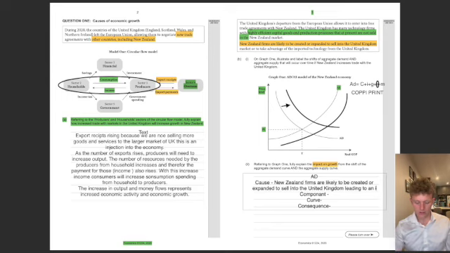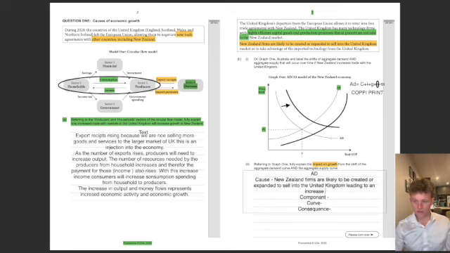Leading to an increase in overseas sales and the purchase of capital goods.